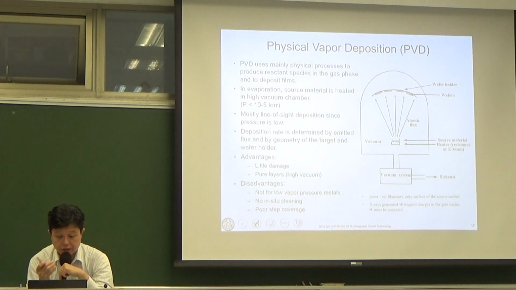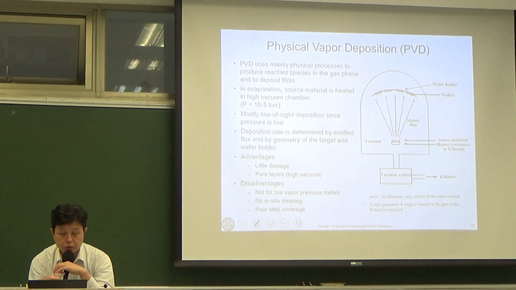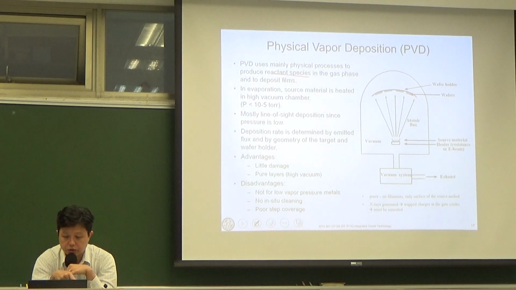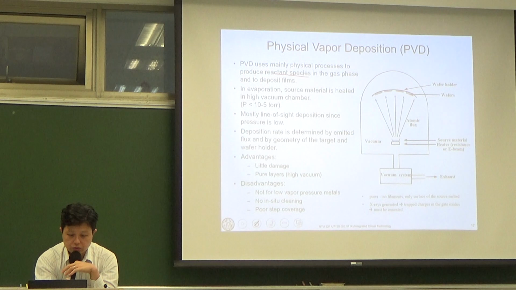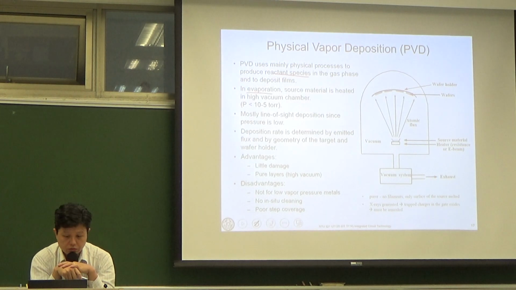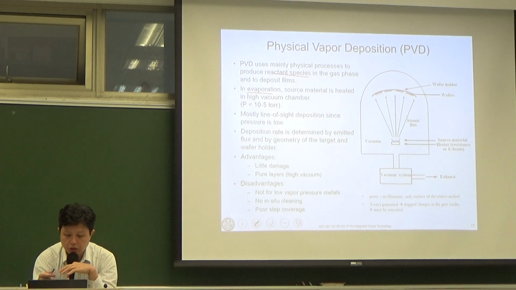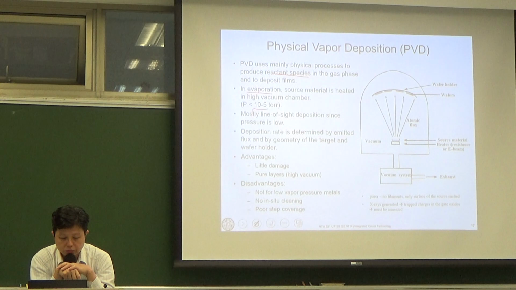By the name, we know it is based on a physical process to produce the reactant species in the gas phase. So what kind of physical process? That includes evaporation, which heats up the material in a very high vacuum chamber, around 10 to the minus 5.